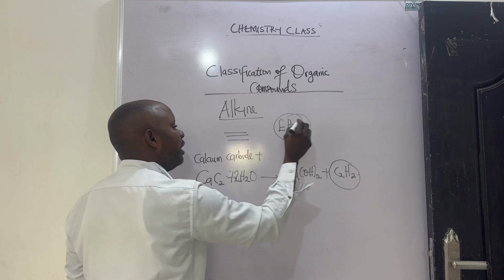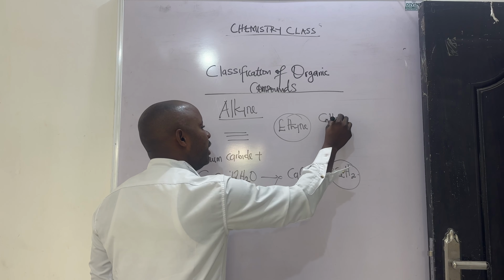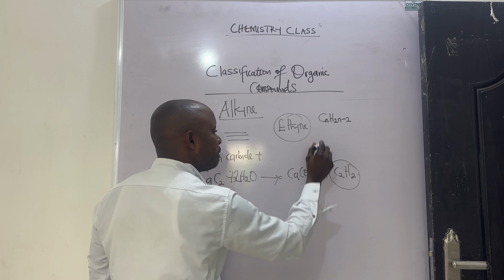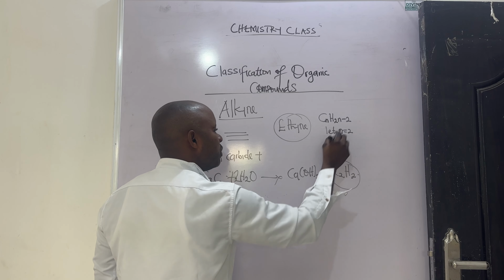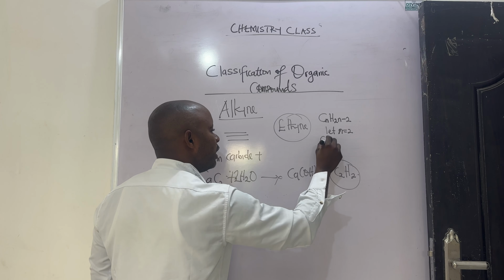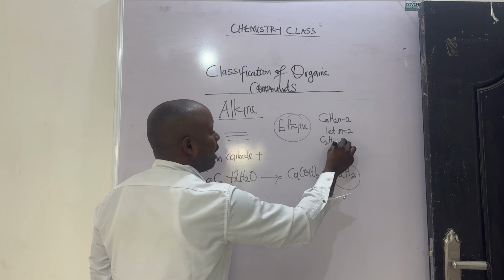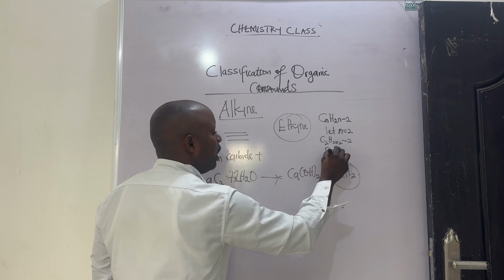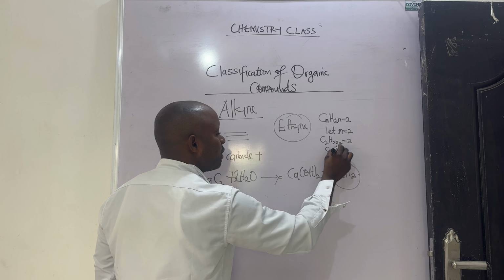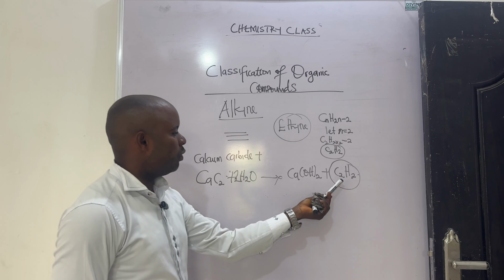Let's have the members. We have the molecular formula CnH2n minus 2. Let n be 2, n equals 2. You're going to have C2 and 2 times 2 minus 2, that is 4 minus 2, which gives C2H2. So this is the simplest member of this family, C2H2.